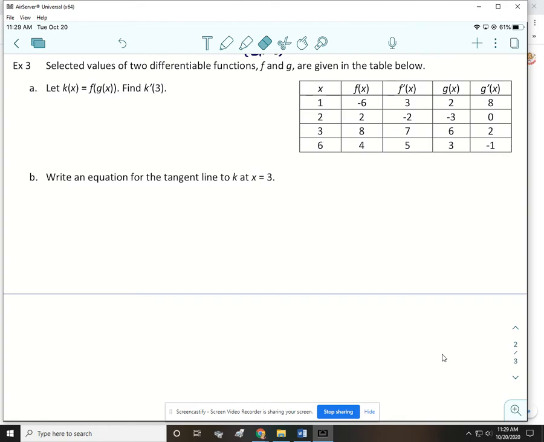So k is a new function that is f of g of x. So we want to find k prime of 3. So what we'll do is find the derivative of k, and that's just a straight up chain rule.